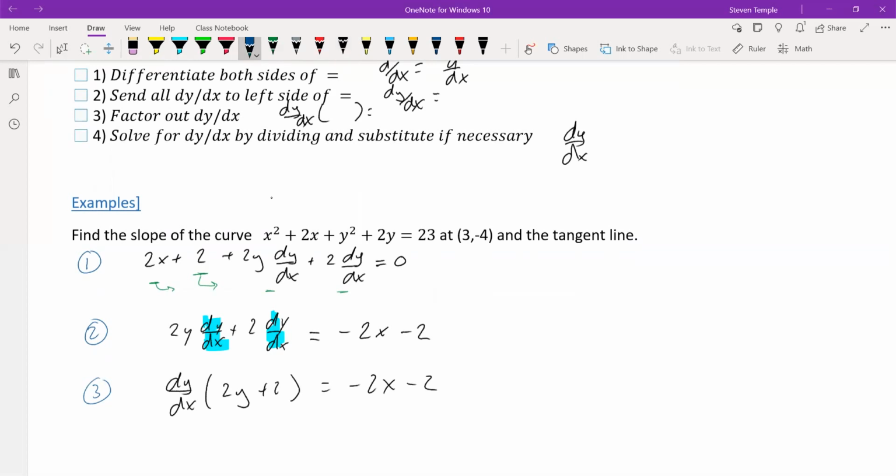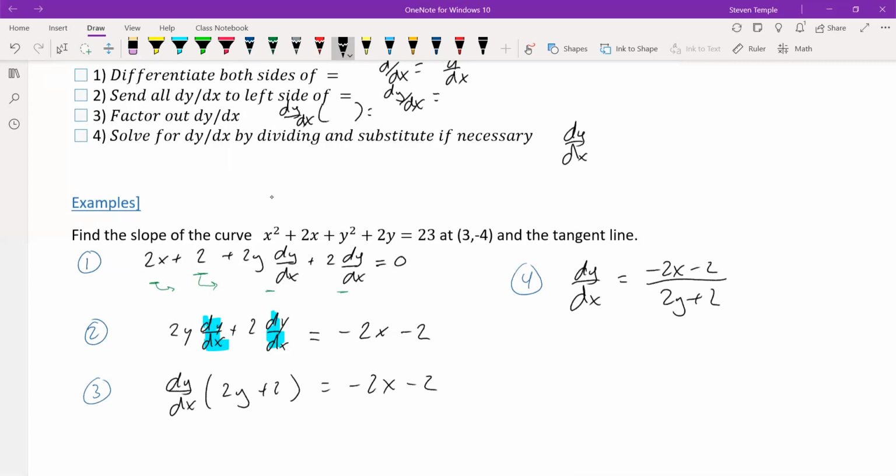The fourth step is solving for dy/dx, and that's simply just dividing by the grouping of 2y plus 2. And that is your derivative for that implicit equation.